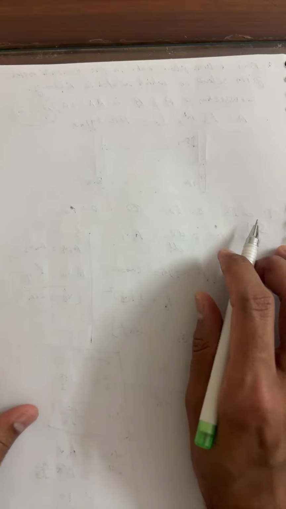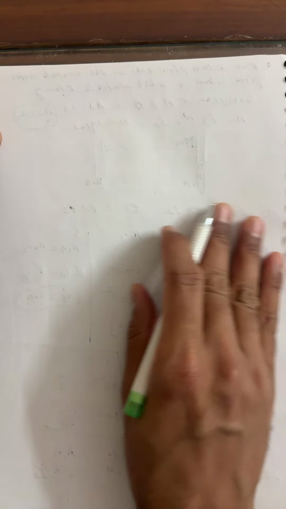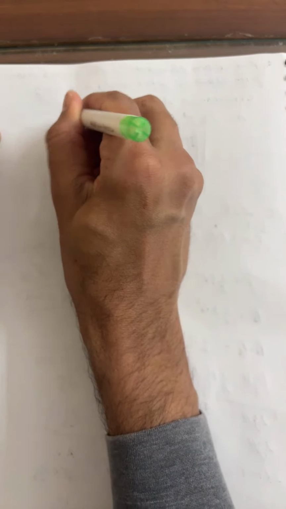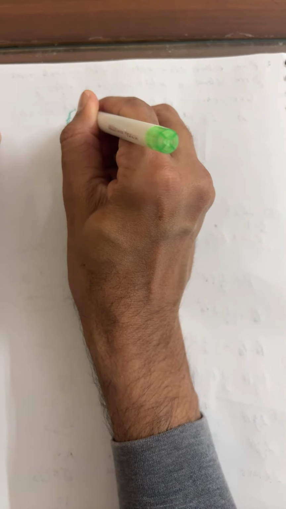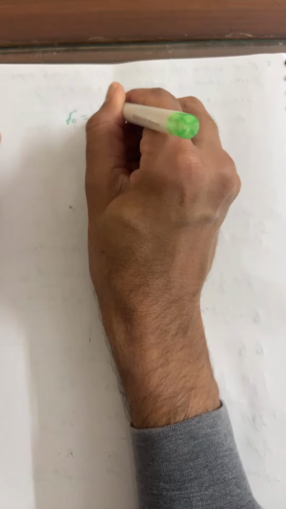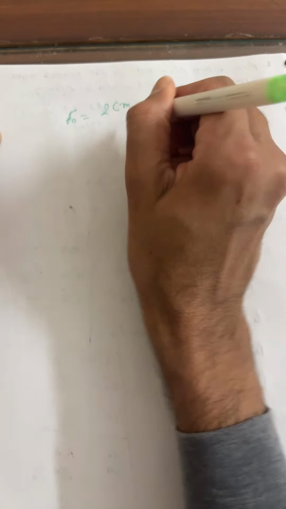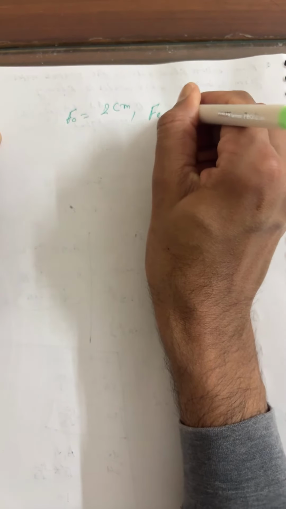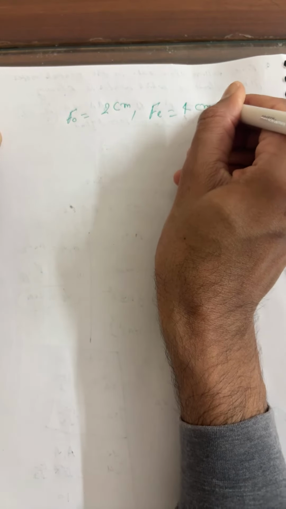Students, this is a question from ray optics, about the human eye. There is an objective. FO is mentioned, this is 2 centimeter. FE, you can say 4 centimeter.